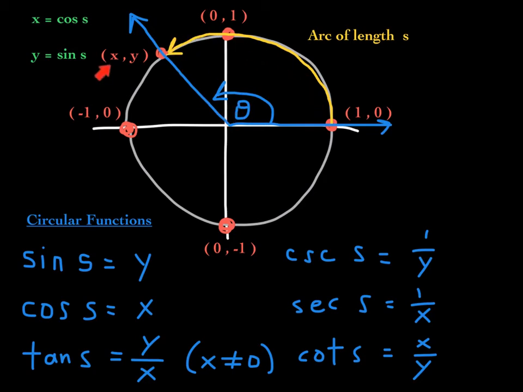And this point is the intersection of the terminal side of our angle and the unit circle. That's what this point is. This point is on the unit circle, and it is the point at which the terminal side of this angle intersects the circle. And the first coordinate x is cosine of s, and y is sine of s.